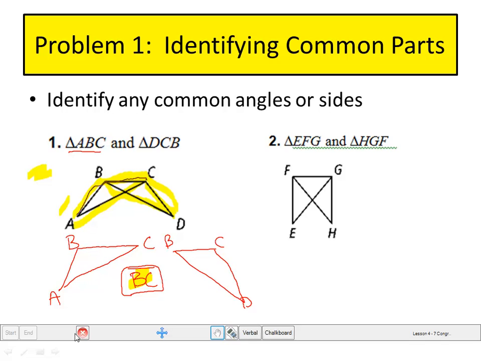Okay, what about triangle EFG and triangle HGF? What do they have in common? Dalen says they have side FG in common.